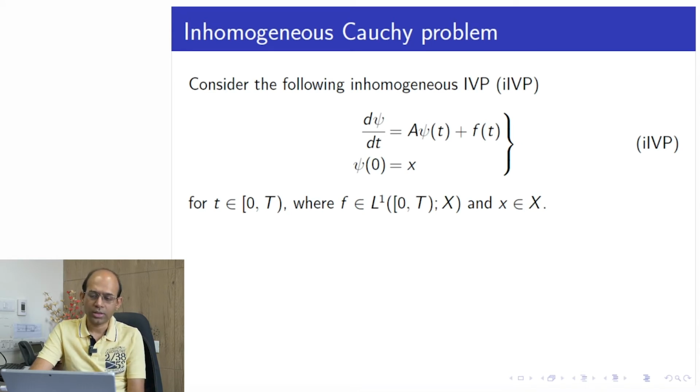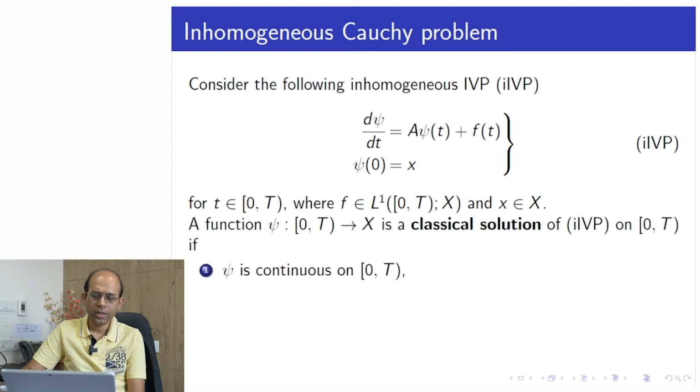The mod of f is integrable on 0 to capital T, and we also choose small x from any point in capital X. A function psi from 0 to capital T into X is called a classical solution of this IIVP, the inhomogeneous initial value problem, on closed 0 to open T, if the following conditions are true.